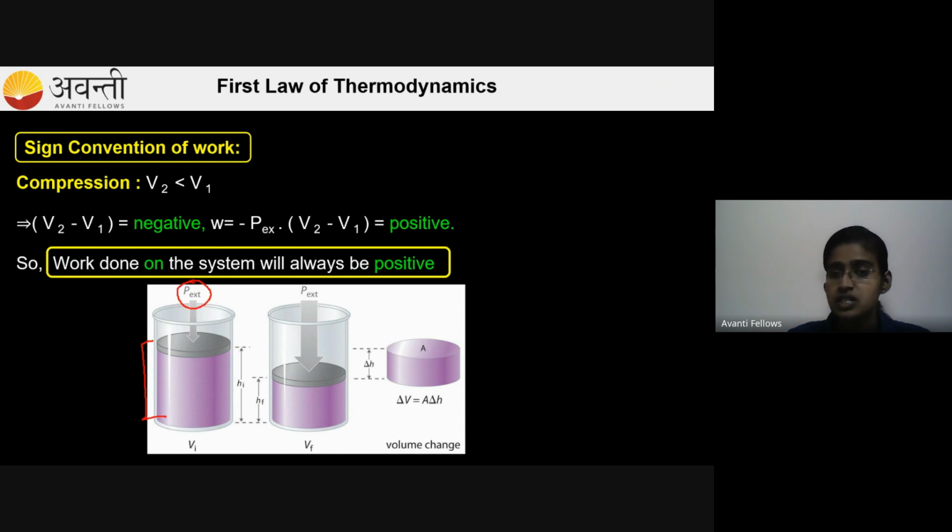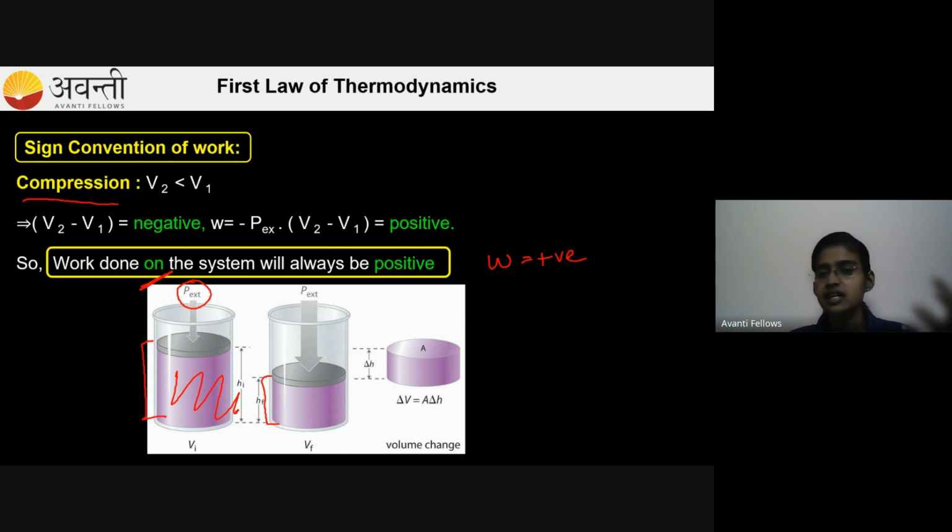Because of that, compression occurs. Work is done on the system; this is the system and I am doing the work on it. If the work is done on the system, then the W value will be positive. Okay, this is compression.